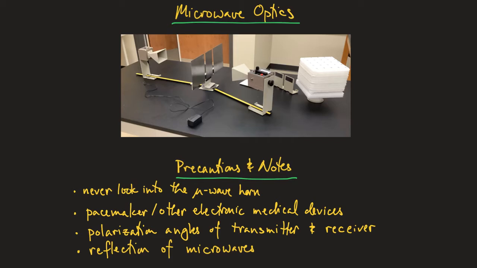You don't really want to be looking at something that gets emitted this way, bounces off some piece of metal that might be sitting here, and then bounces over here into your receiver. So these microwaves will be reflected off of things that are metal particularly, but other things as well. You want to be clear of this whole region here and make sure the work area is clear, so that you're not getting spurious reflections that are not what you want to be studying.